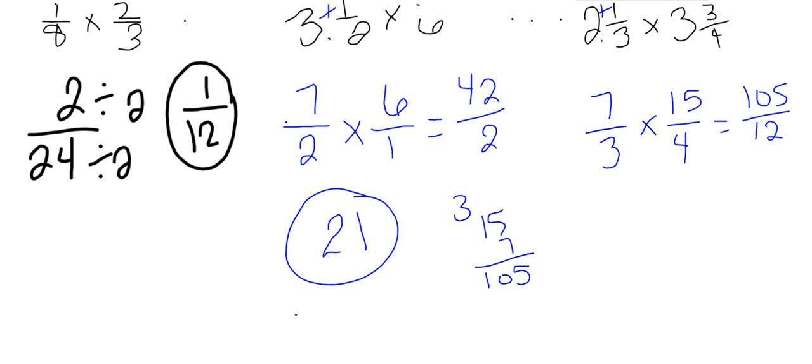Over 12. So we need to determine how many times 12 can go into 105. I know that 12 times 8, from just trial and error, is 96. So it's going to be 8. And then I'm going to take 105 minus 96, which is going to give me 9.